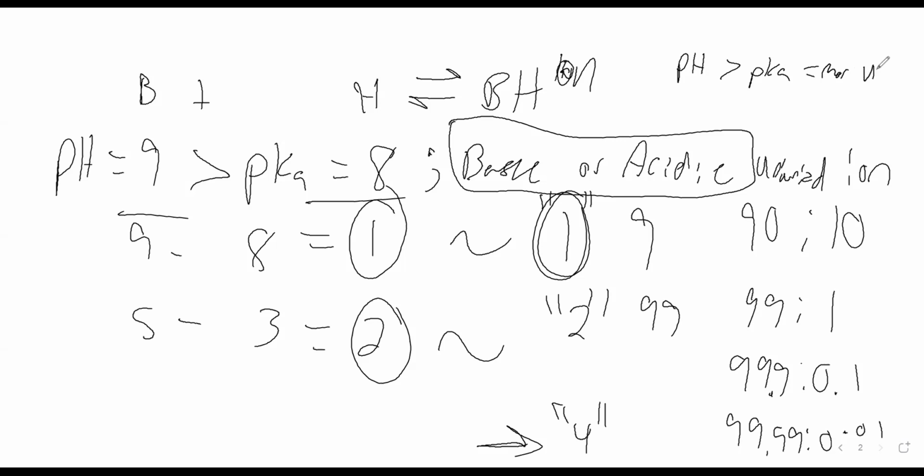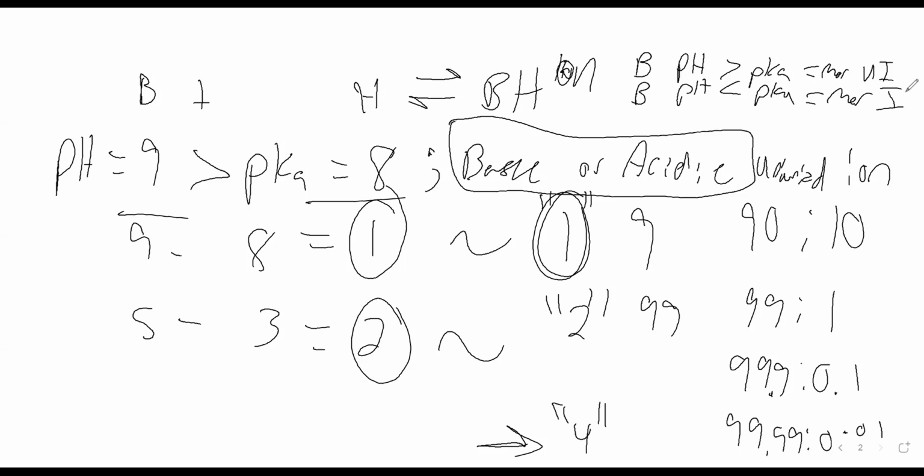And this is specific to a basic molecule: if you have a basic molecule where the pH is less than the pKa, you're going to have more ionized.